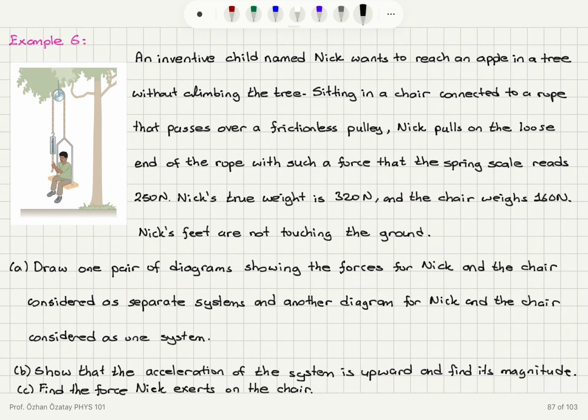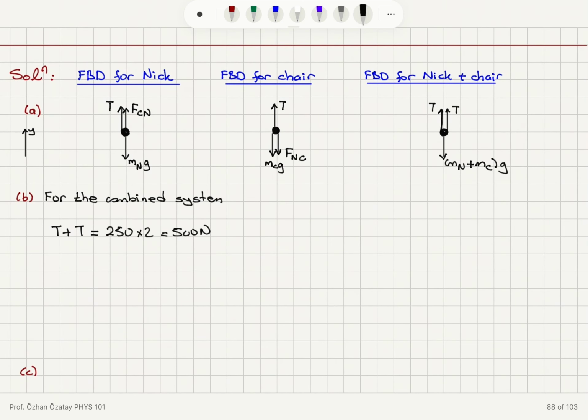That T was read by the spring scale, remember, it was 250 newtons. So it is 500 newtons acting up.